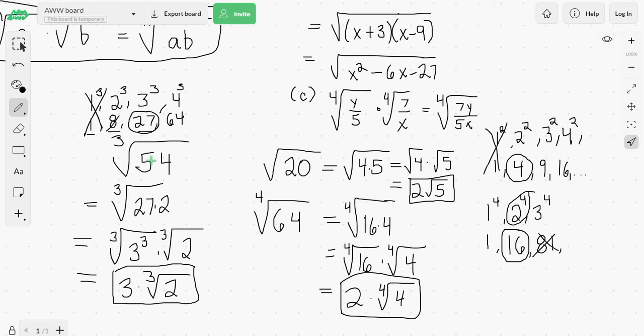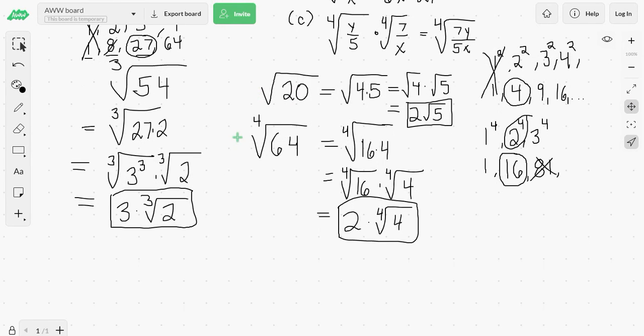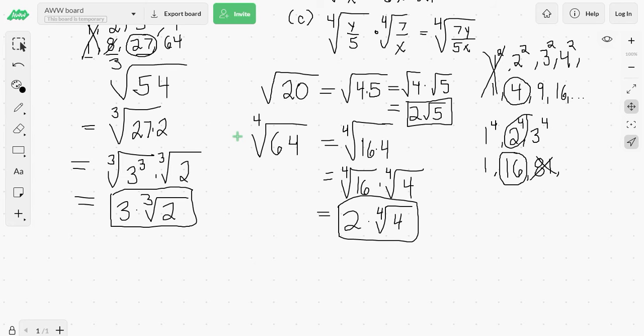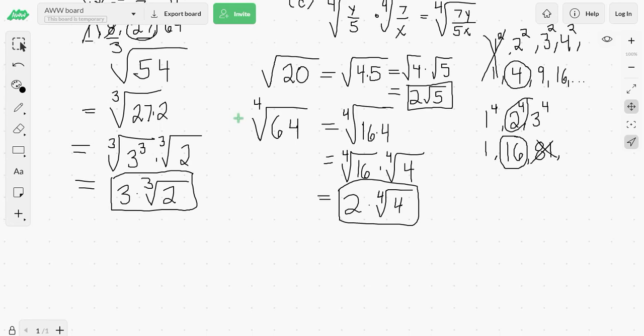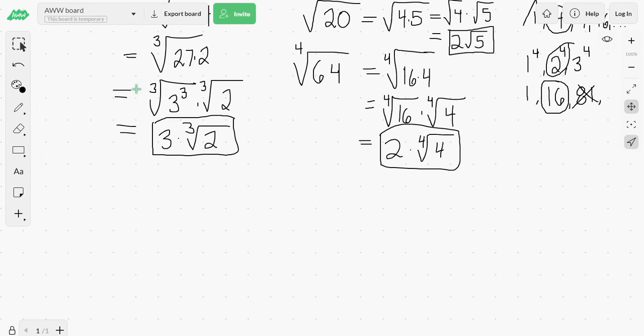So now that we've seen how to simplify some of these things, perhaps we should consider simplifying expressions that involve some variables as well, not only just integers. So that should be our last example. Let's suppose that we want to simplify something like, I forgot how I was numbering these examples.